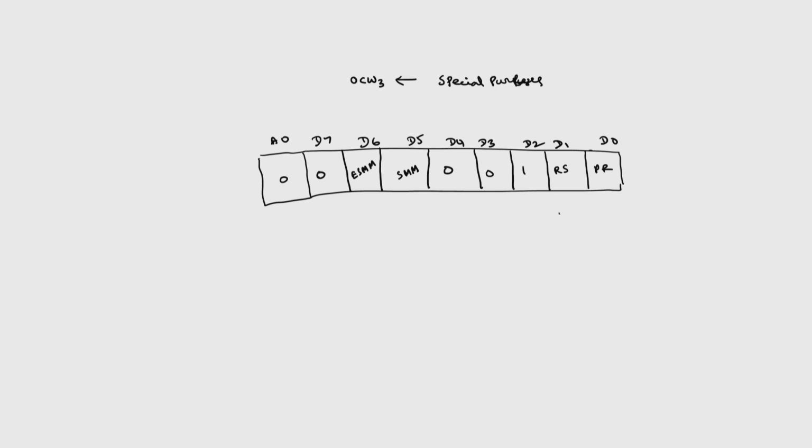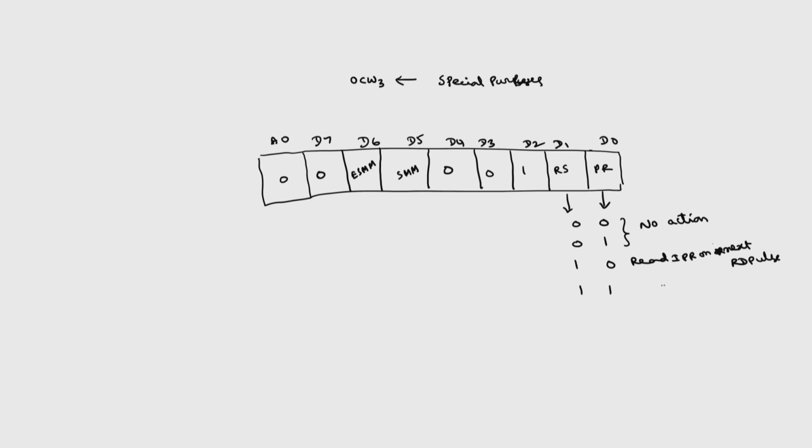So these two bits will be 0, 0 or 0, 1: there is no action. In case of 1, 0, read IPR on the next RD pulse.